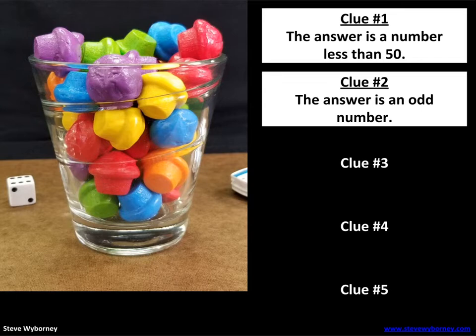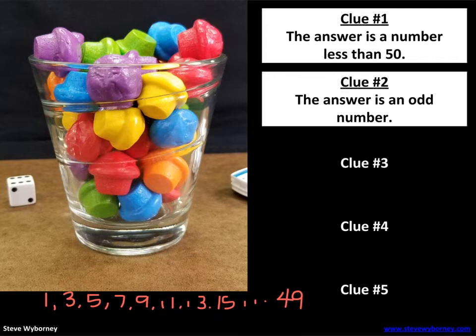Ooh, clue number 2 tells us that our answer is an odd number. So we know that 1 could be possible, but 2 could not. 3 could be possible, but 4 could not. 5, 7, 9, 11, 13, 15, all the way up to 49.